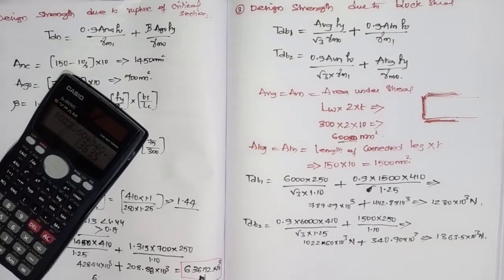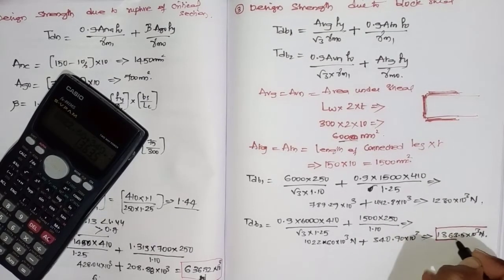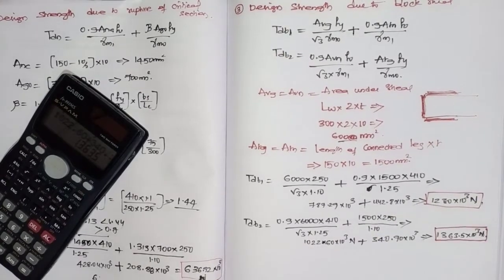Okay, now these are the values you obtained. Now what is the design strength of tension member ISA 150 by 75 by 10 mm? It means the lesser of the above three values.